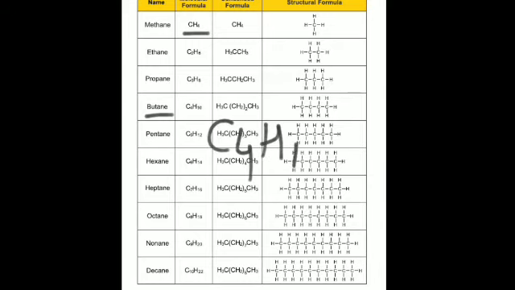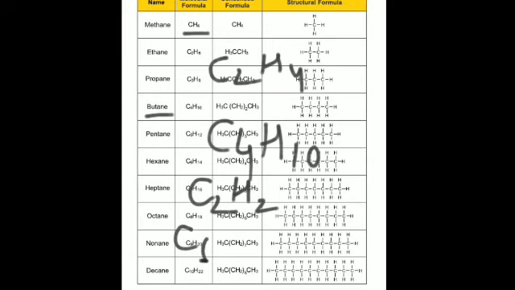Then similarly ethene, the formula is C2H4, then ethyne C2H2, then benzene C6H6, and naphthalene, that is C10H8.